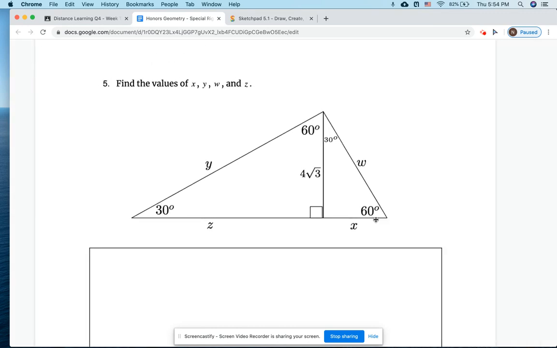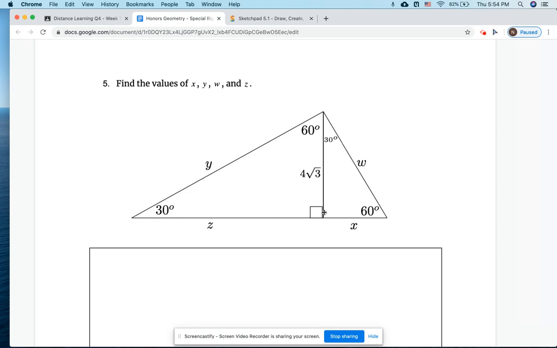All right, so now let's talk about how we can figure out the long leg of this larger 30, 60, 90 triangle. Well, we know that 4 root 3 multiplied by root 3 is going to give us the long leg. So you can just take 4 root 3 and multiply by the square root of 3.